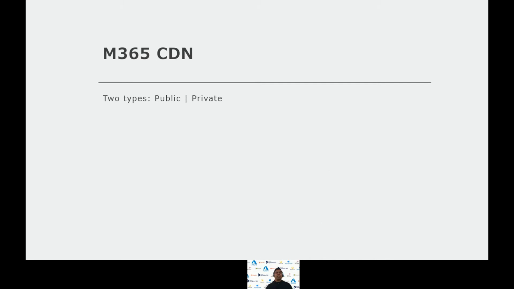Now let's double click into M365 CDN. There are two types of CDN offerings, public and private. These are available for all M365 users without any additional charges. Both public and private CDN use SharePoint Online libraries that we all are familiar with as the containers to hold the assets.